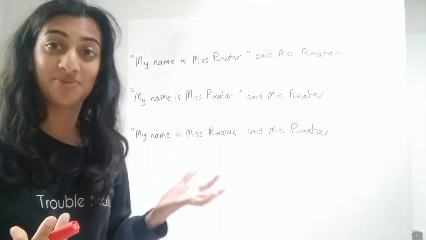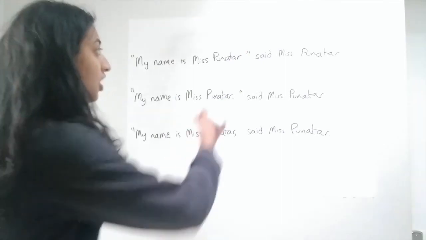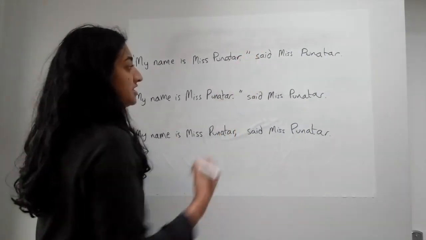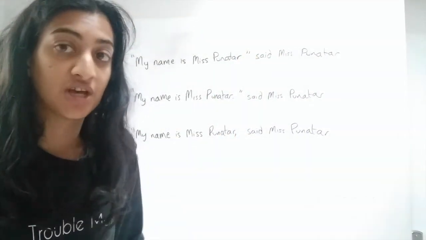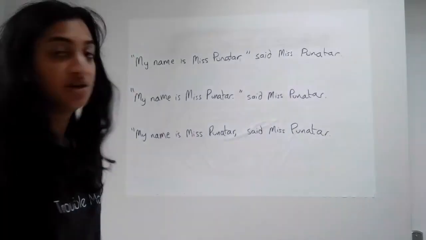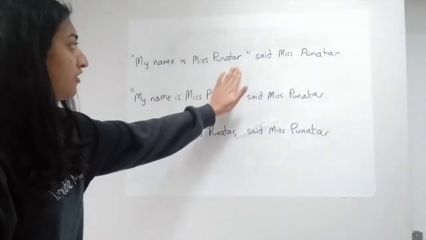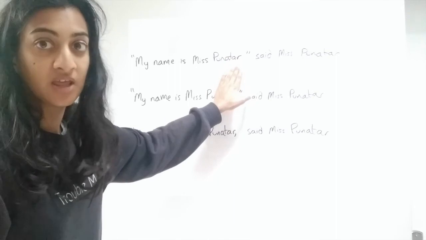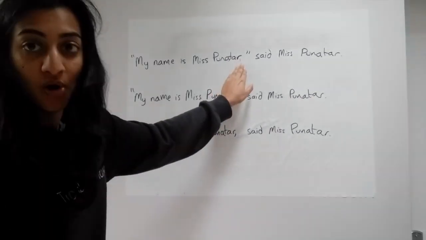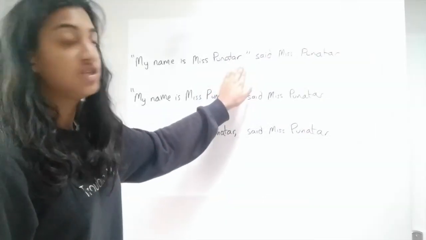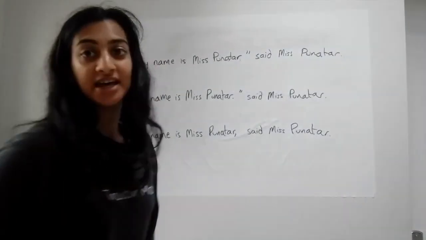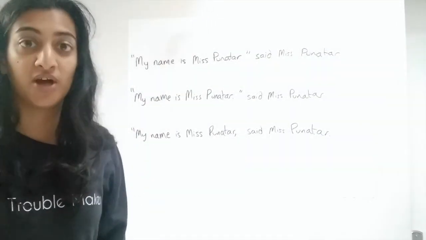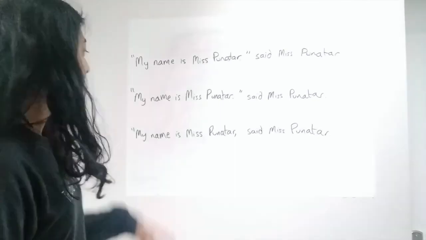What should that something be? It should be a comma. The reason it's a comma is because it's not a question and it's not an exclamation, it's just a statement. My name is Miss Panata. Therefore, we use a comma. The rule about commas is only for situations where you have the speech bit first and the reporting bit second, and that is all the examples that we've been working on this week.